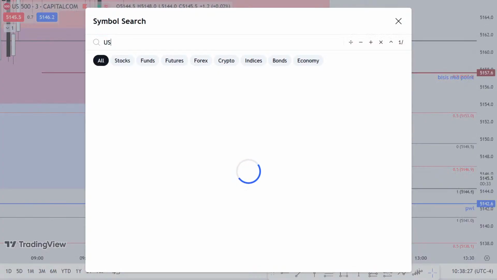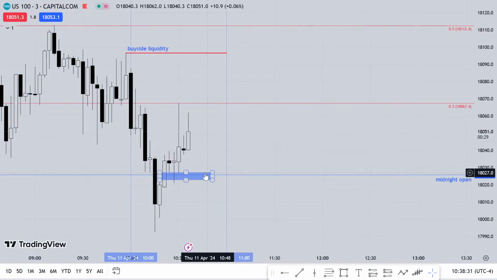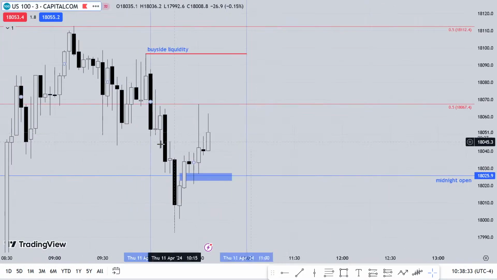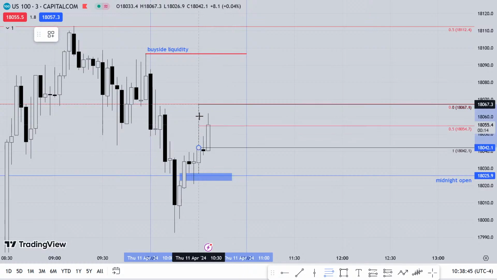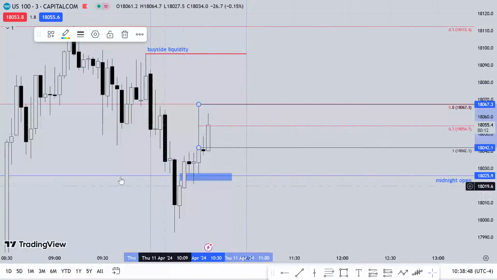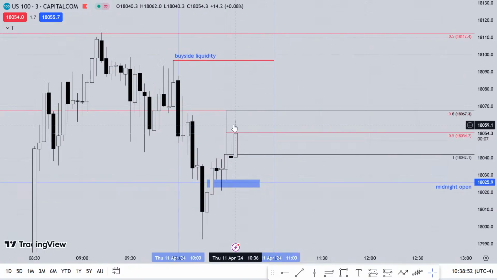Let's see what the Nasdaq is doing. So we traded into this fair value gap and moved higher. You see this week here is the same reference point as the one on ES.